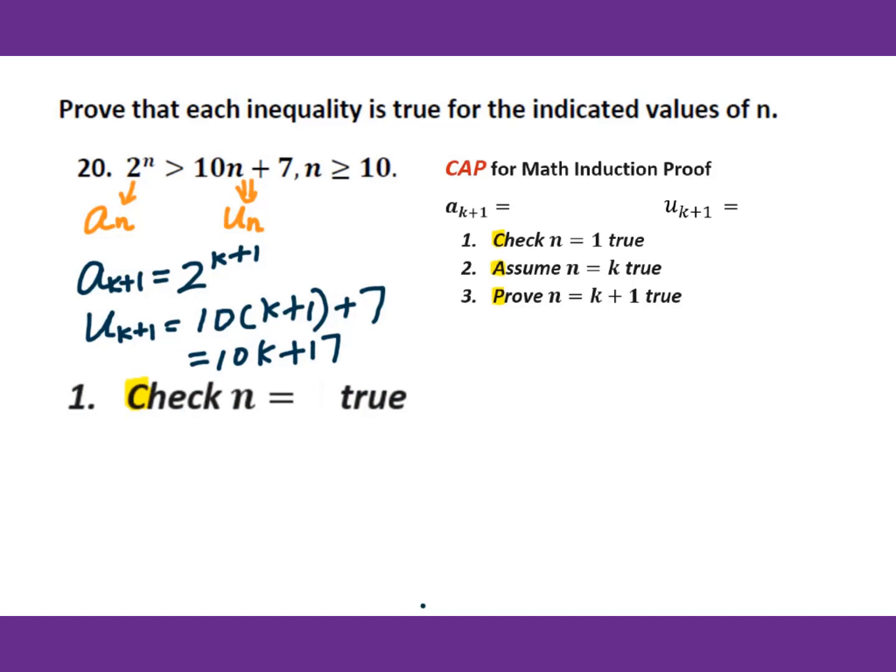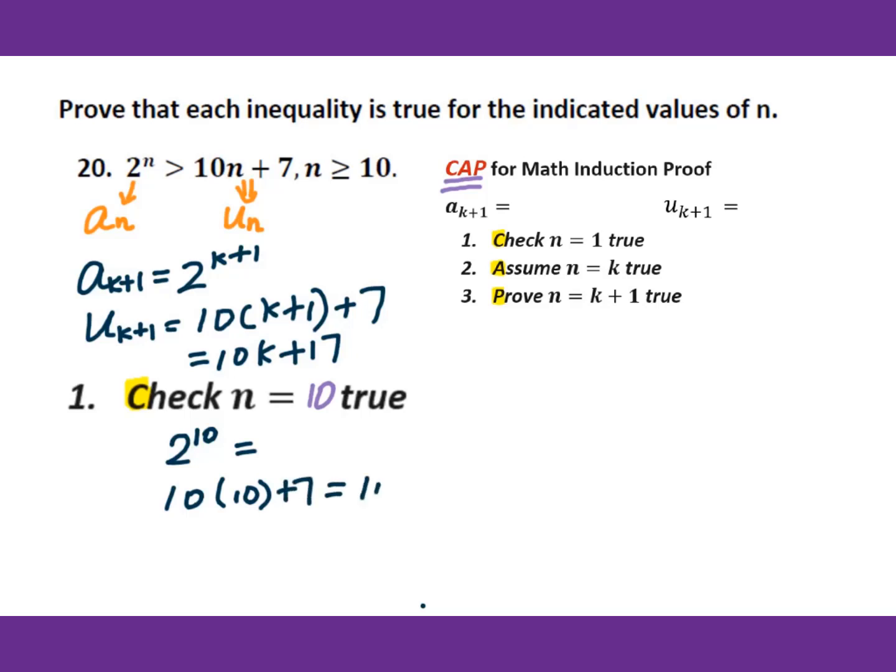Now we are going to use the math induction proof. First step, check n equals 10 is true. On the left side, we got 2 to the 10's power. Right side, we got 10 times 10 plus 7.